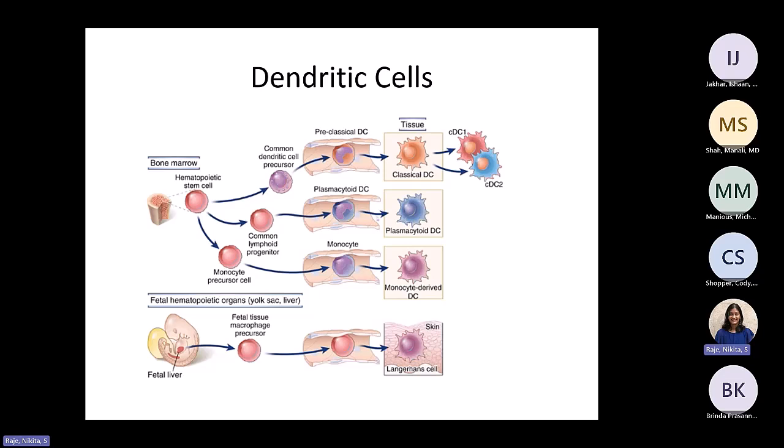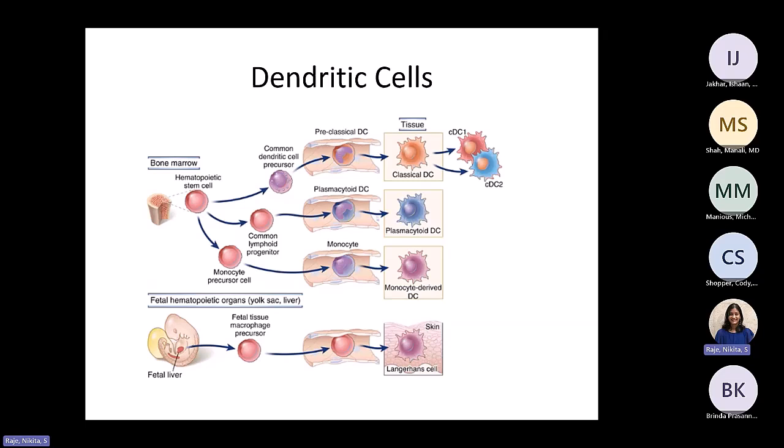The typical one comes from the dendritic cell precursor, and they form the classical dendritic cells, which are two different types. There are also plasmacytoid dendritic cells that come from the common lymphoid progenitor. And then there are some called monocyte-derived dendritic cells. These are all coming from the bone marrow.